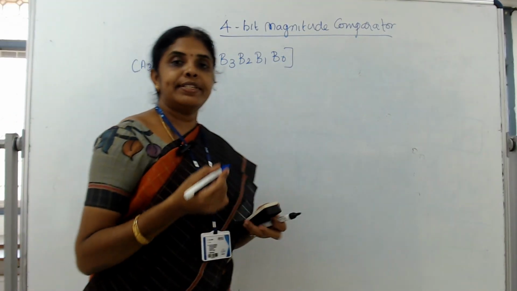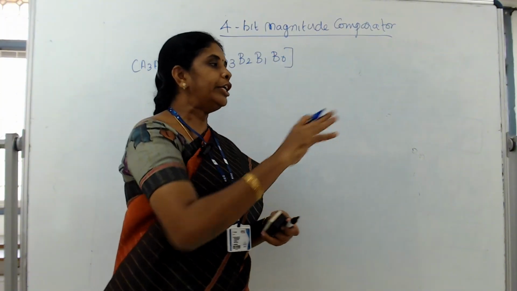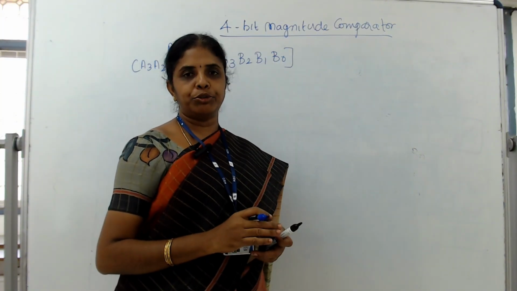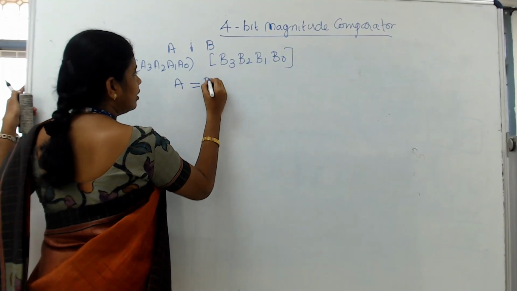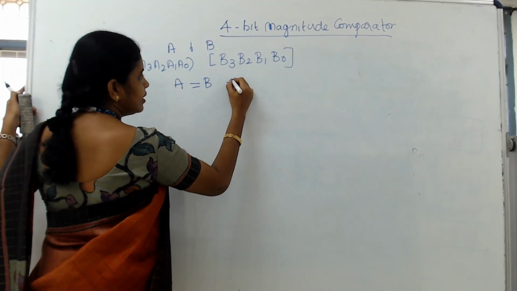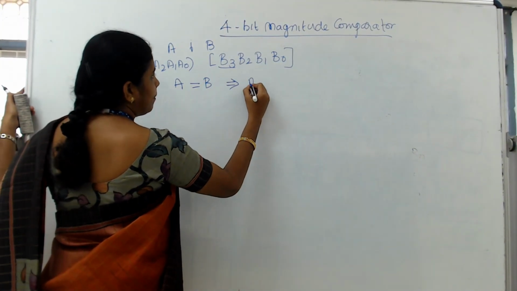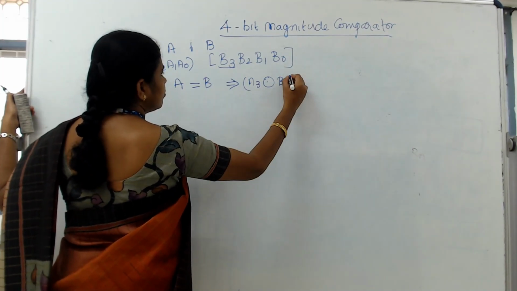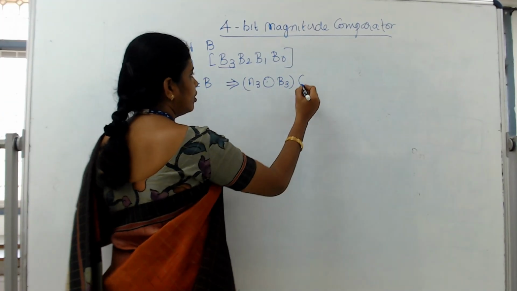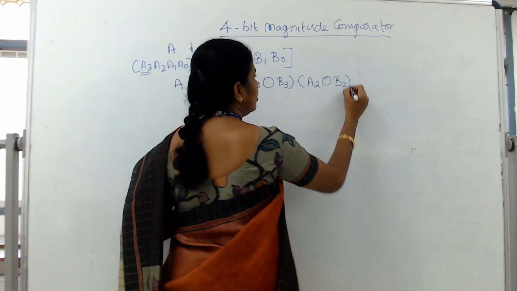So as we have seen earlier for the 2-bit magnitude comparator, we are getting into the equation of the 4-bit magnitude comparator. So A is equal to B, that is A3 XNOR B3 into A2 XNOR B2.